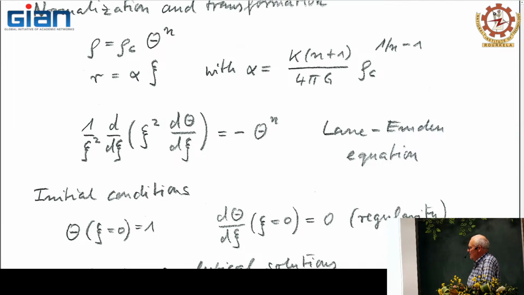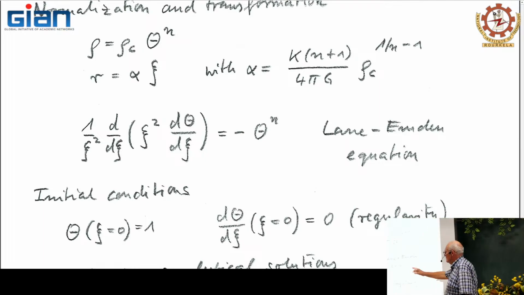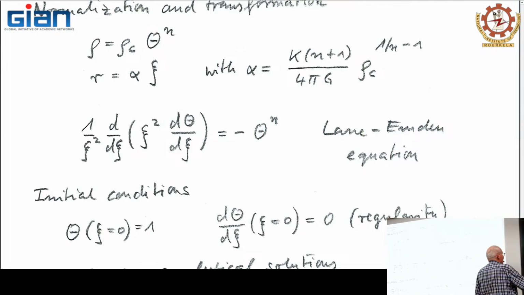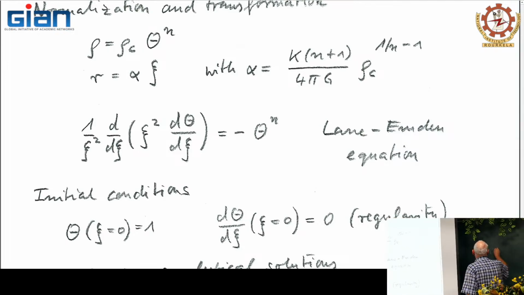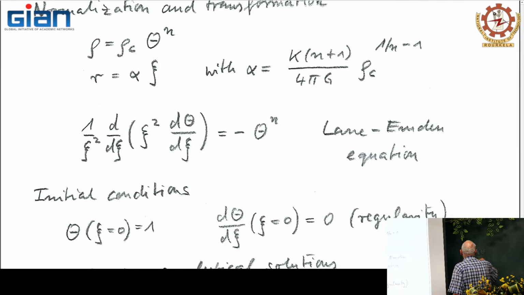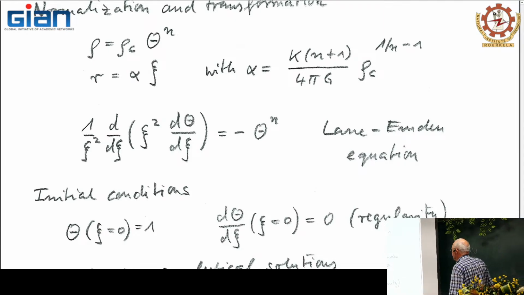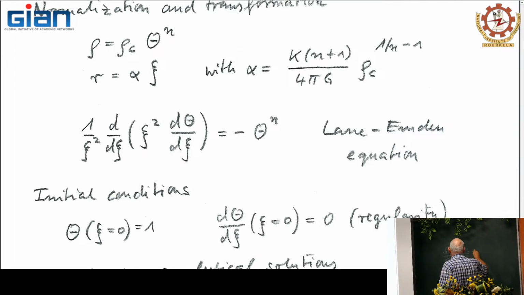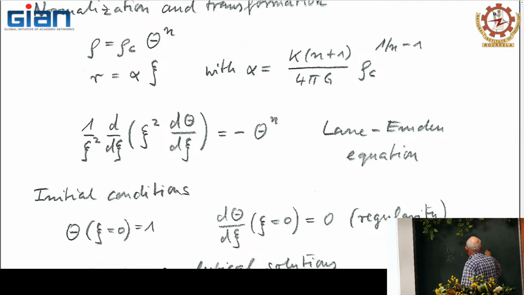What is a singular point of the equation? Well, let us write down the Laplace operator. Then we have d2 theta by d psi squared, and if we do the differentiation, this gives plus 2 over psi times d theta by d psi is equal to minus theta to the power n.